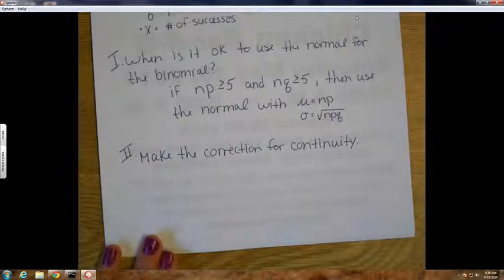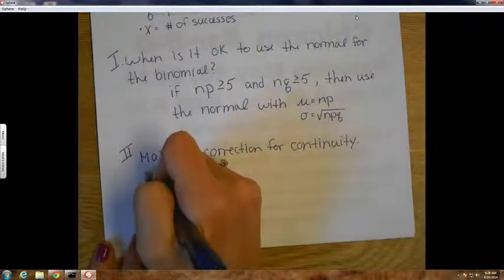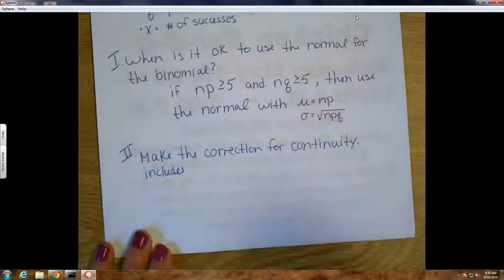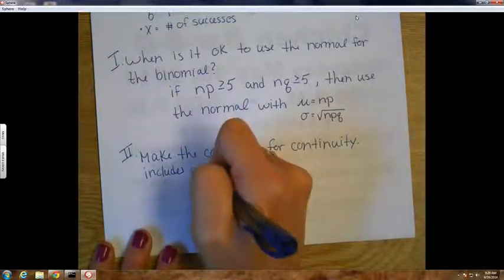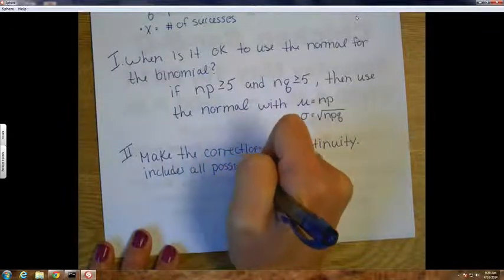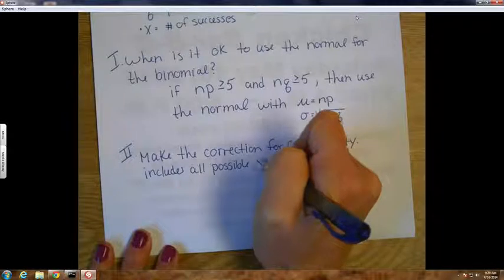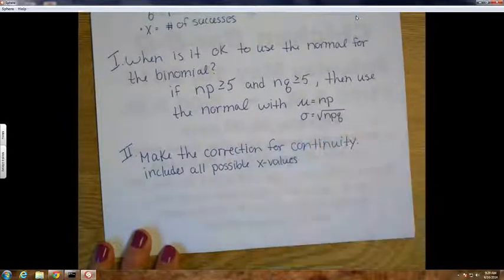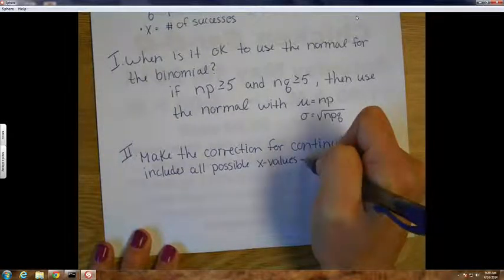Okay, what this does is it includes all possible x values. So what we're looking to do is include anything that rounds to x.